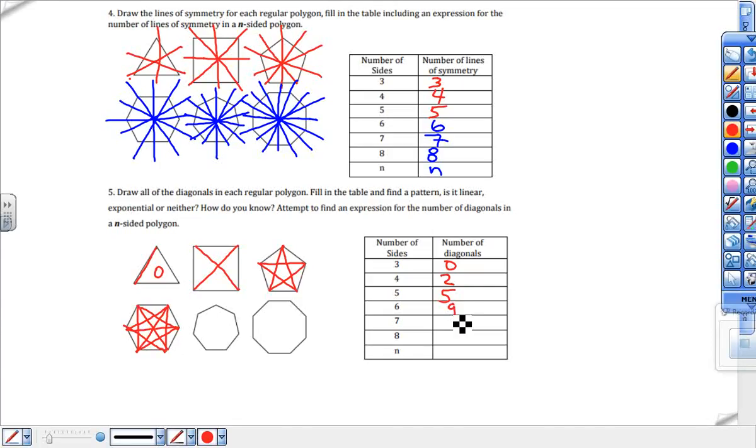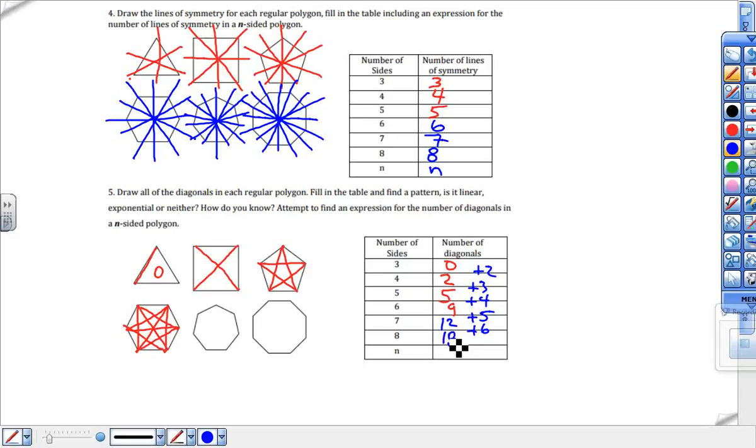And you can see the pattern. Looks like the pattern goes up by 2, then it goes up by 3, then it goes up by 4. I bet the next one goes up by 5, next one goes up by 6, and then n will come up with a formula. So I bet 7 has 12 diagonals, 8 has 18 diagonals.